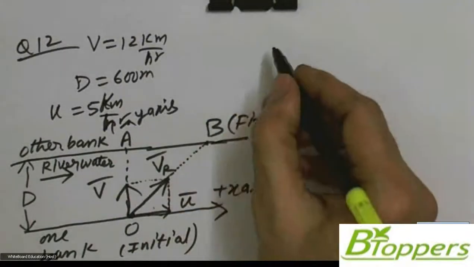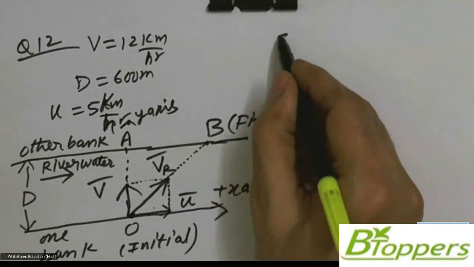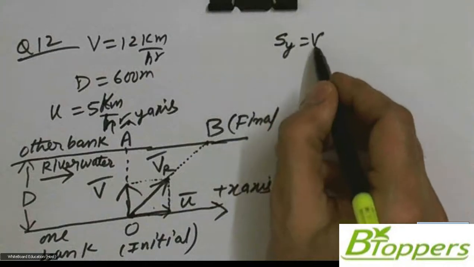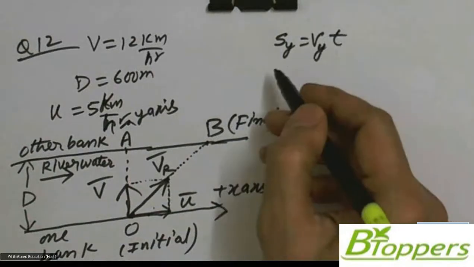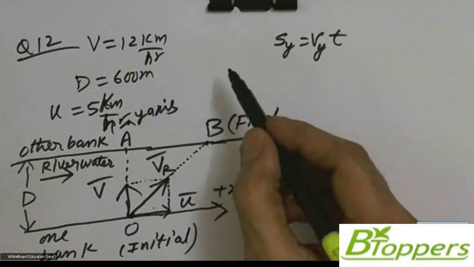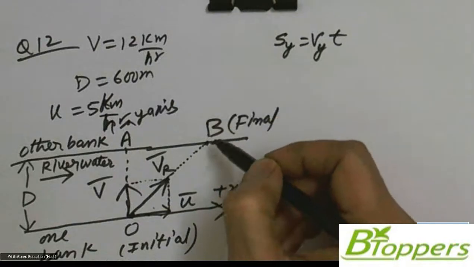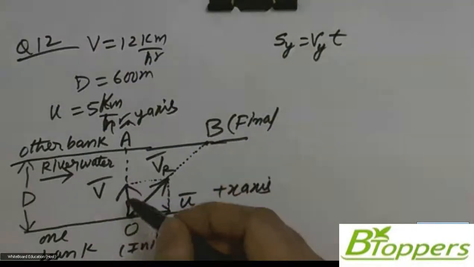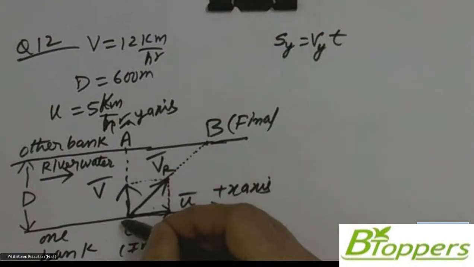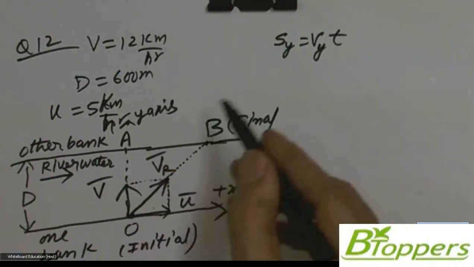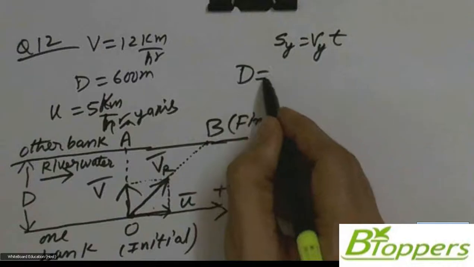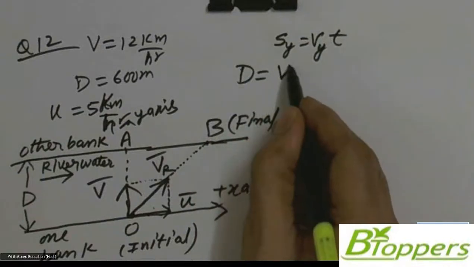So displacement along the y direction is equal to velocity in the y direction into time interval. When the boat crosses the river and just reaches the other bank at B, the displacement in the y direction is equal to the length of the line OA, that is the width of the river, and the y component of velocity is equal to V.